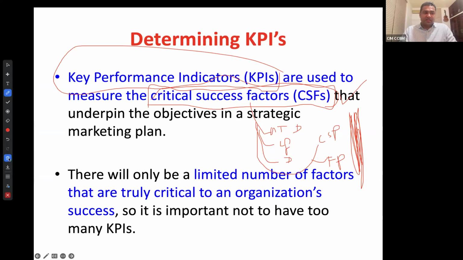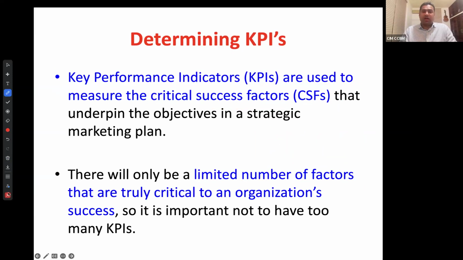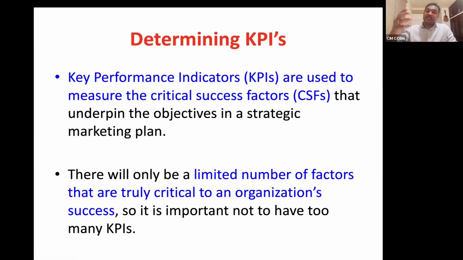So a business must understand what its critical success factors are, which are factors that are critical to succeed in that industry. Can be the supermarket industry. It can be a bank. It can be an airline. What are the factors that are critical to succeed in that industry? And how do you take each and every activity and measure them?